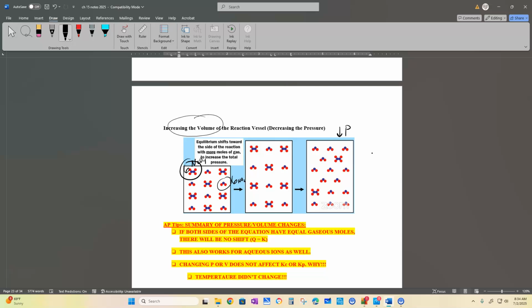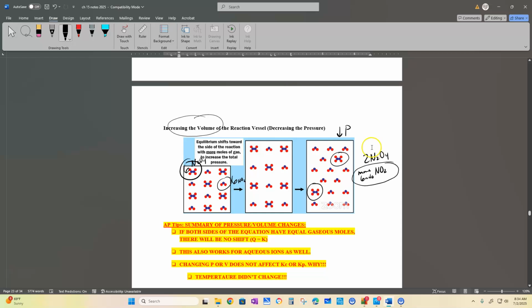So notice what you have. Now you only have 2 N2O4s, and you have, I'm not even going to count all that, way more than 6. So my NO2 is way more than 6 moles. It looks probably like about 10 or 12. Okay, and that's what happens.